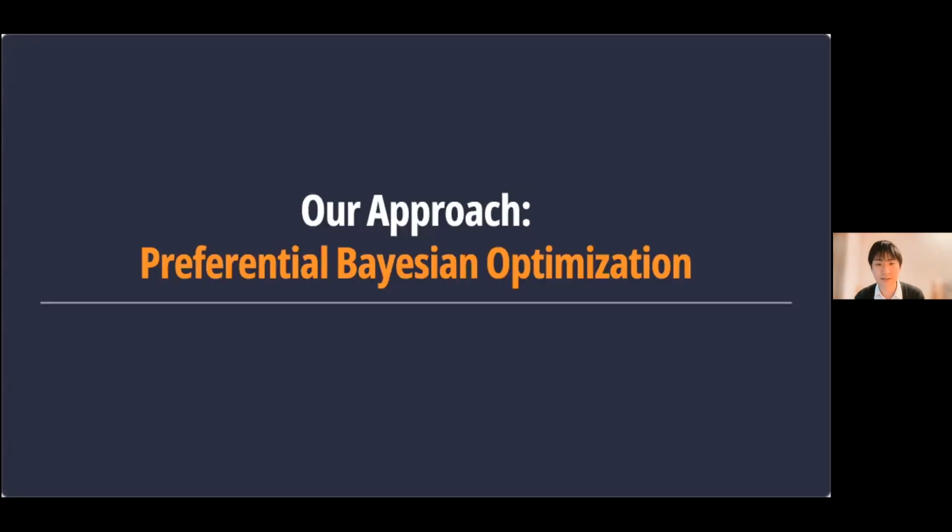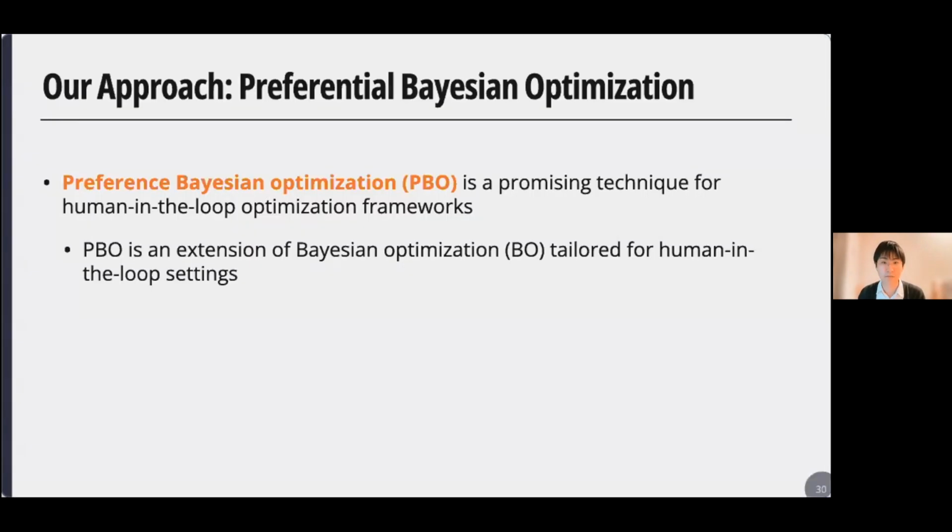So taking these two points into account, in this talk, I'd like to introduce a technique called Preferential Bayesian optimization. Preferential Bayesian optimization, or PBO in short, is a powerful technique in this setup. PBO is an extension of Bayesian optimization, or BO in short, but tailored for human-in-the-loop settings.